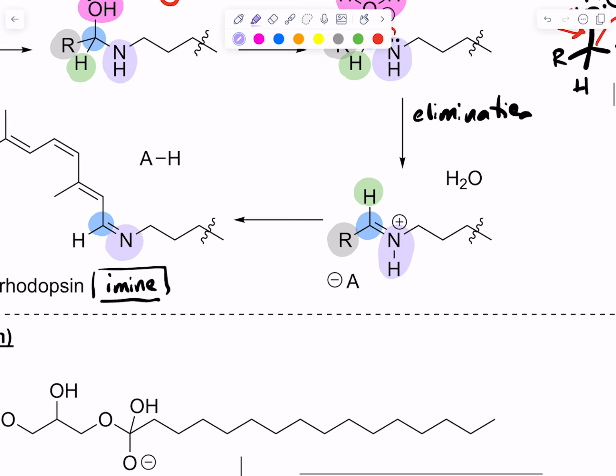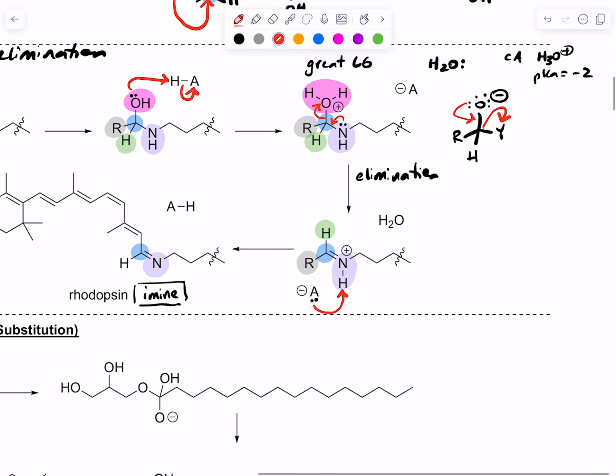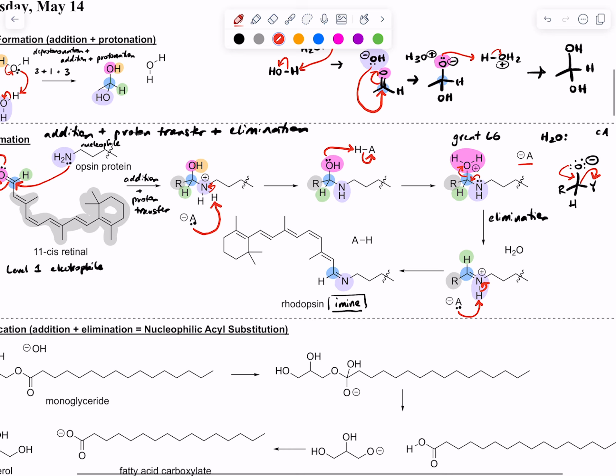And then to get to the neutral imine, we just need another proton transfer reaction. We're going to use the conjugate base of our acid that we made before to deprotonate the positively charged nitrogen, and that gets us to this imine.